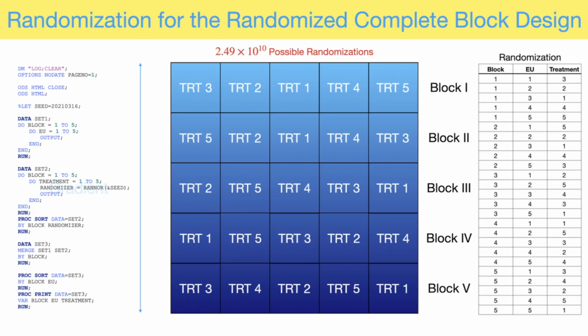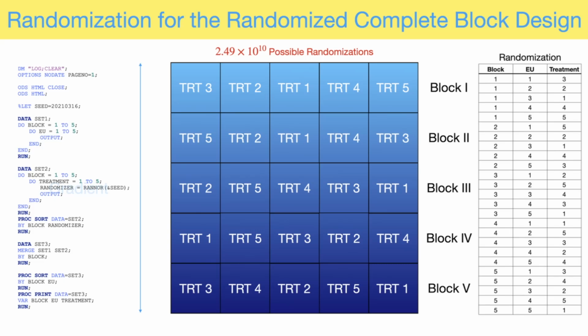Now, with this type of randomization, this randomized complete block randomization, the number of possible randomizations is 2.49 times 10 to the 10th. That's a large number, but it's not nearly as large as the number of possible randomizations under a completely randomized design.